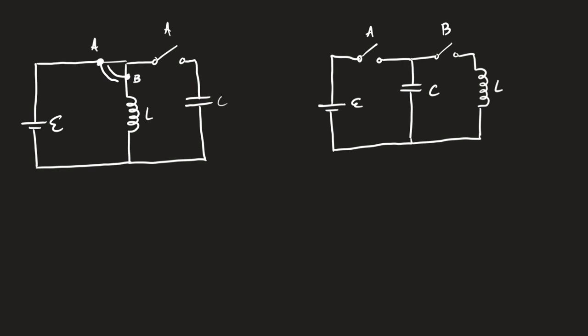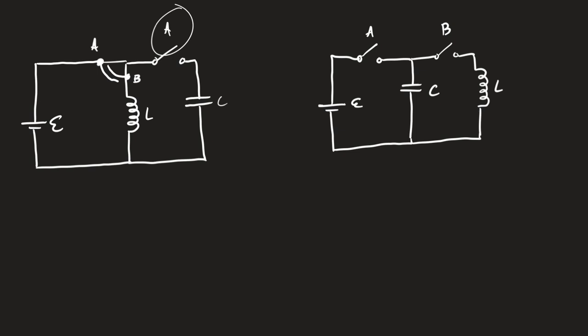So in the circuit on the left, if I want to isolate the inductor, I leave this switch in open position, and I move the make before break switch to the A position. This would allow me to charge up the inductor on its own. On the right circuit, I close switch A, leave switch B open.